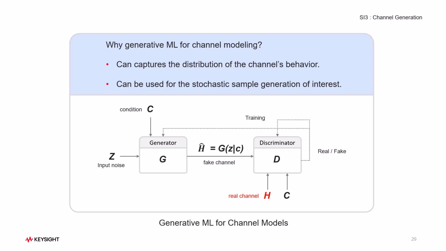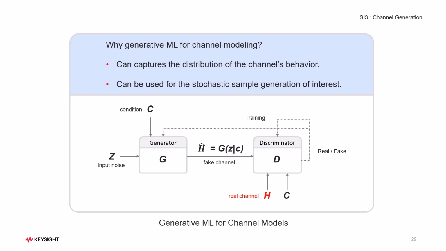This is an updated version of the GAN diagram devised for learning the channel generation process. The structure depicted in the illustration comprises two distinct subnetworks, the generator G and the discriminator D. The generator's objective is to create a counterfeit channel, denoted as G(z|c), conditioned on the distance information c.